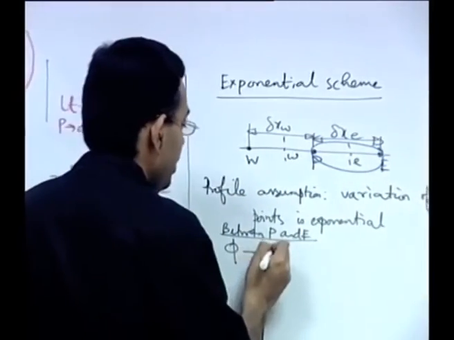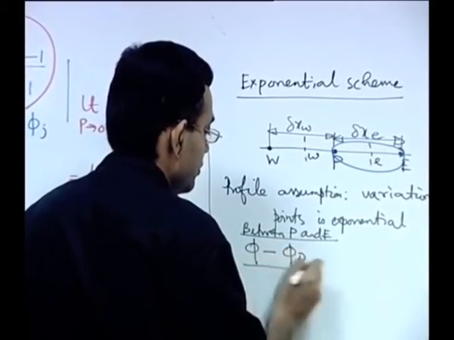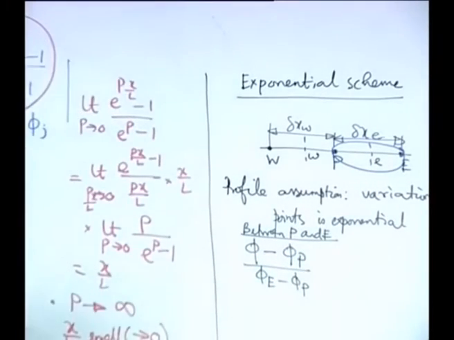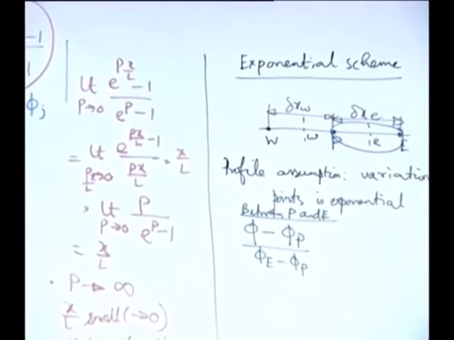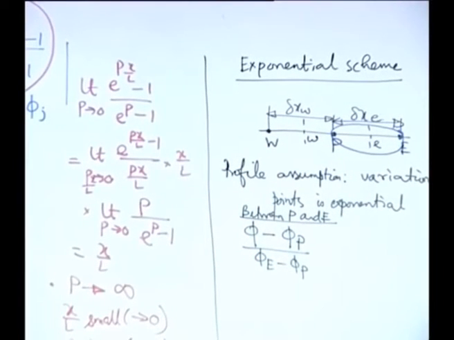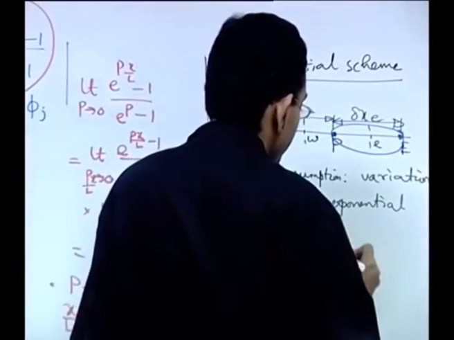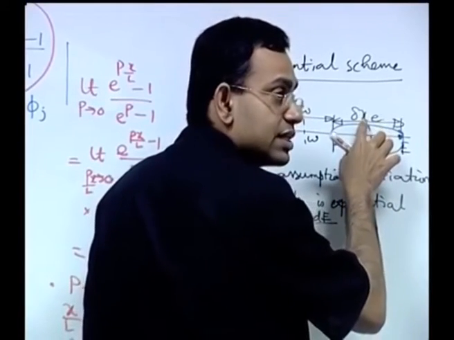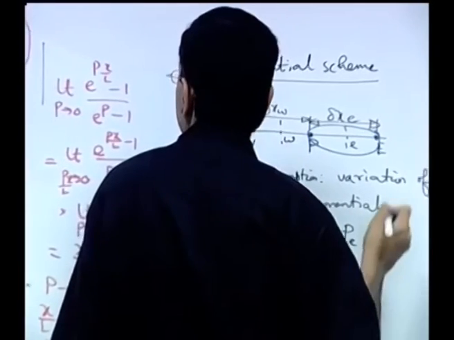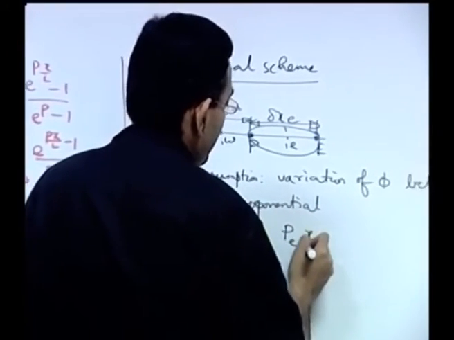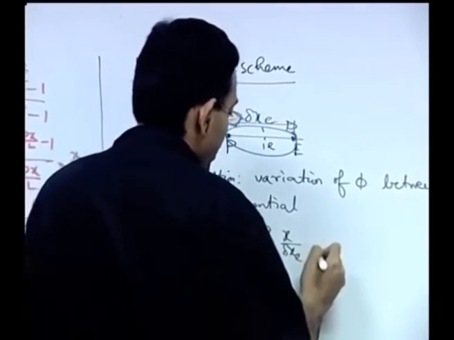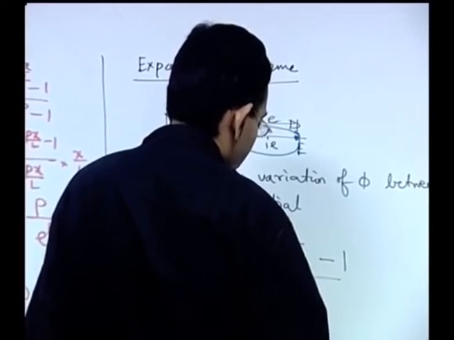Phi minus phi P by phi E minus phi P. So, this is just like phi minus phi 0 by phi L minus phi 0 is equal to e to the power Peclet number now based on delta x E. So, e to the power P E into x by delta x E minus 1 by e to the power P E minus 1.